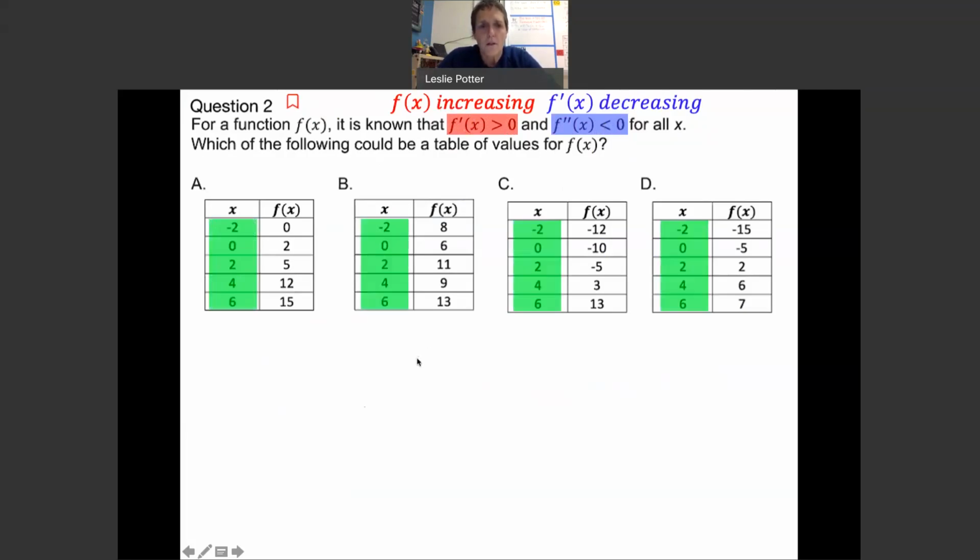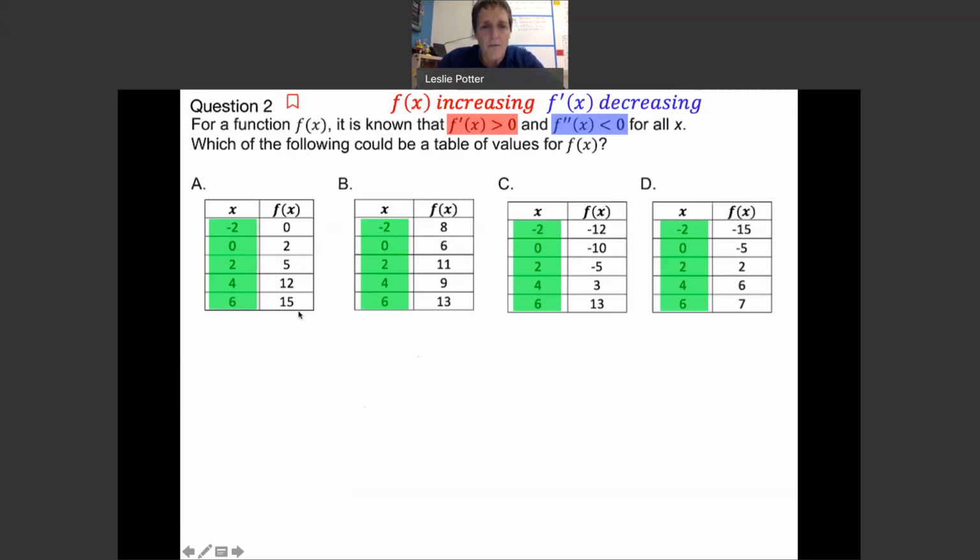So the first thing to acknowledge on these tables is I've highlighted all the x values. And notice we go from -2 to 0 to 2 to 4 to 6. So we're counting by twos all the way through each table. So that's that we need to recognize. Sometimes they don't use consistent increments, which makes the analysis a little more difficult. But in this case, we have consistent increments. So that's nice.